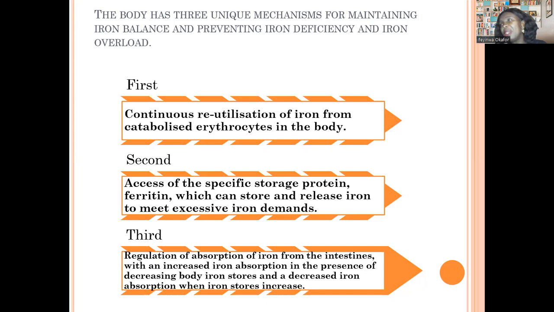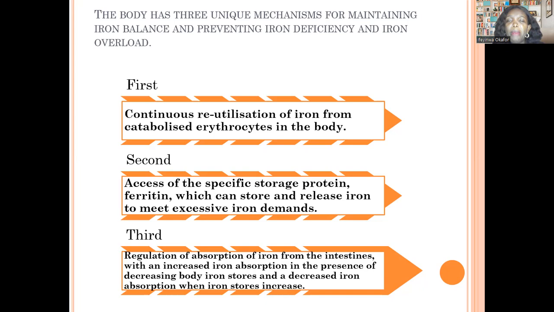So when we consume excess iron, our system stores this iron as ferritin and hemosiderin, so that if for any reason we are not able to take in as much, the body can now use what is in the storage facility and prevent the system from having iron deficiency.